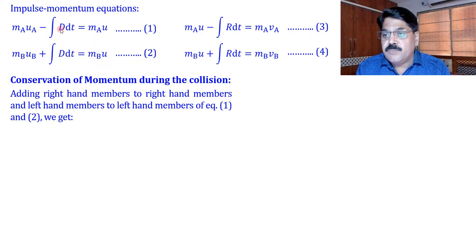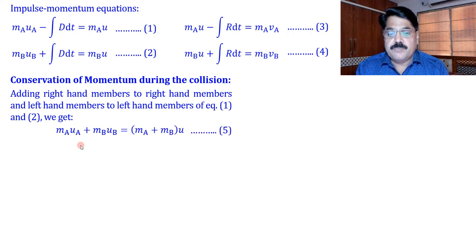If we add these, these two terms will cancel, and we get MAUA plus MBUB is equal to MAU plus MBU, and here U you can take common, so we can write MA plus MB into U. So we get MAUA plus MBUB is equal to MA plus MB into U. So what it shows is that during the deformation period, momentum is conserved.